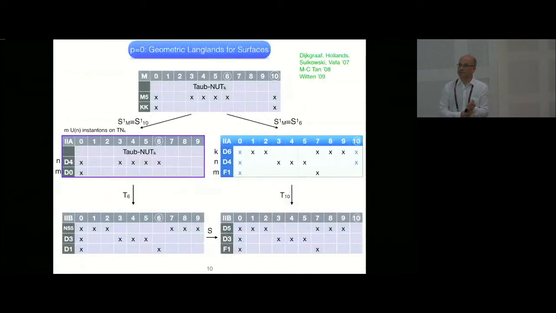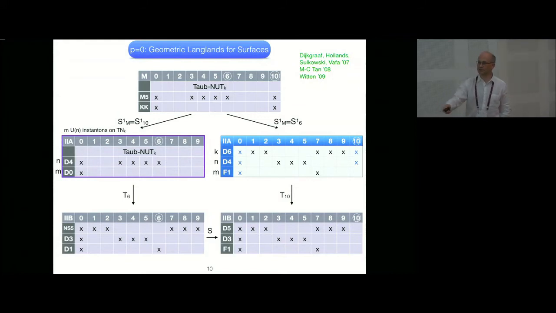Before we explore what sort of defects we have here, let's try a different case. Let's put p equal to 0. So now we have a D0 brane inside of a D4 brane wrapped on a Taub-NUT, and we play this game with dualities. Well, we already know how to T-dualize the 6 direction. That gives us NS5, D3, and D1.